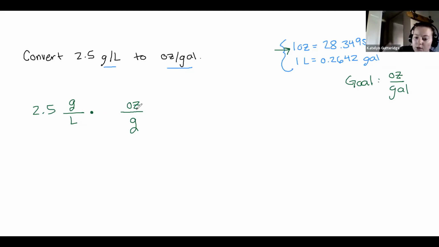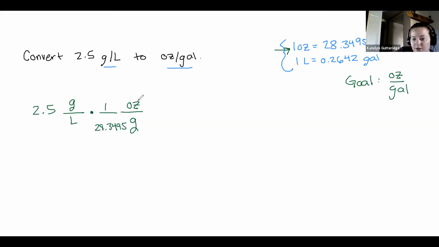Once you have your units inputted, once you have them lined up, now what you're going to do is copy down the values in that conversion factor. I'm going to do this in two different little fractions. So ounces, I had 1 ounce per 28.3495 grams.